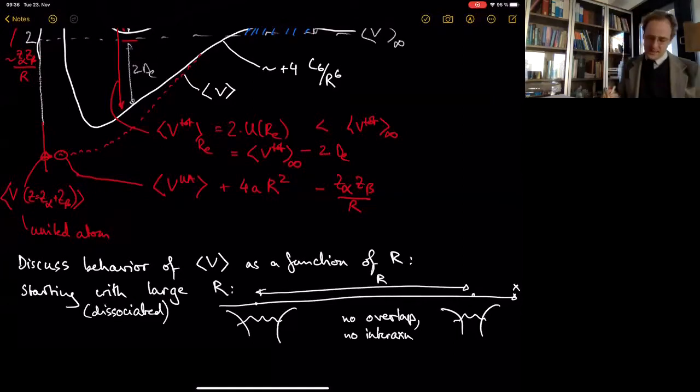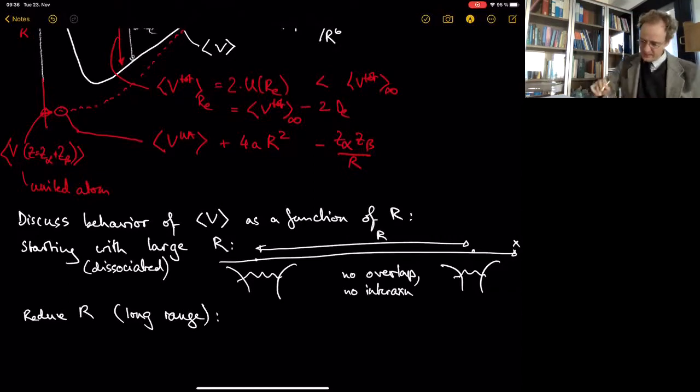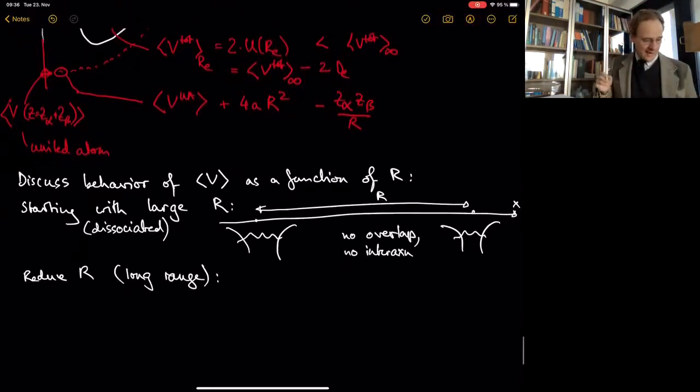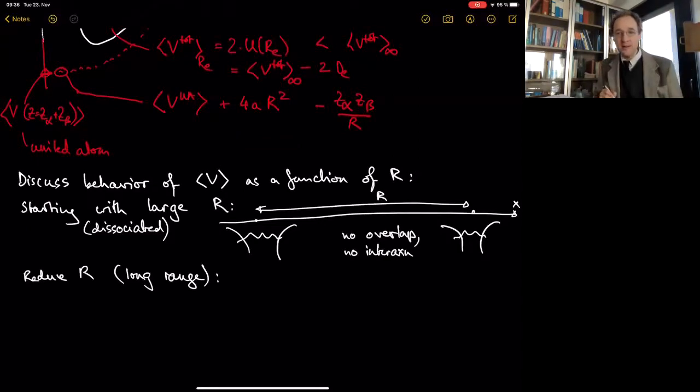Right? Now, as you reduce R, and you get into the long range regime, what you have is that the electrons, in terms of long range, they start to repel each other.